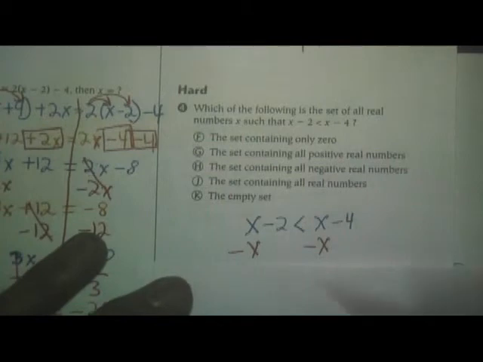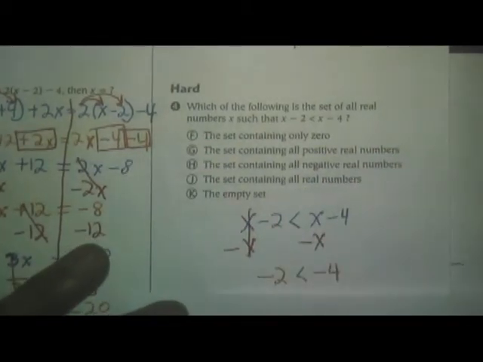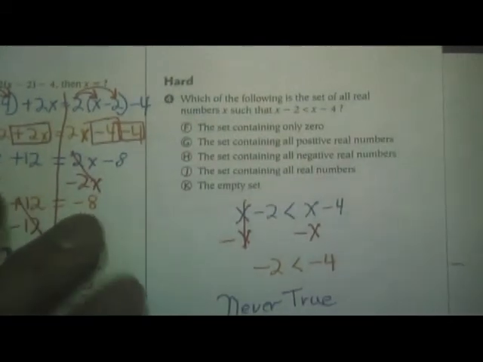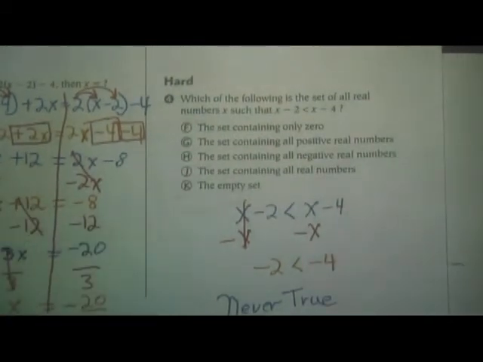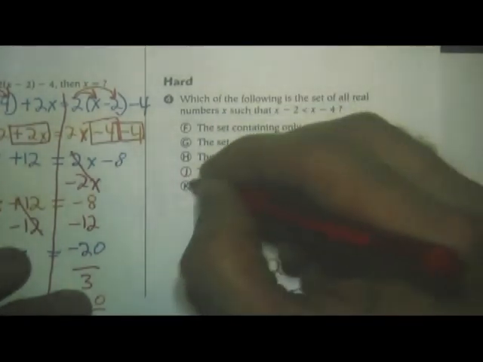Subtract x from both sides of the equation, or inequality, giving us negative 2 is less than negative 4. Well, since hopefully you're familiar with a number line, -2 is never less than -4. The answer would be an empty set. It doesn't happen.